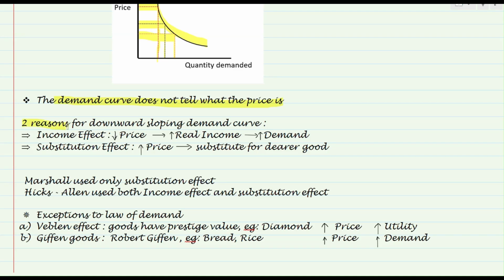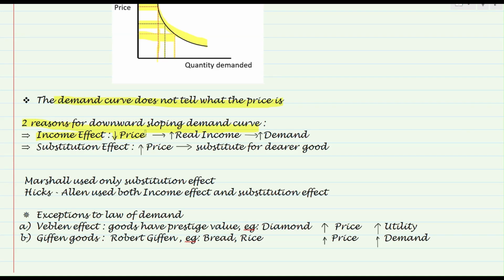Besides the law of demand, there are two more reasons why the demand curve slopes downward. The number one is the income effect. What does income effect actually mean? Let's say the price of a commodity falls. Earlier, let's say commodity X cost around 10 bucks. Now the price has fallen to 6 bucks.